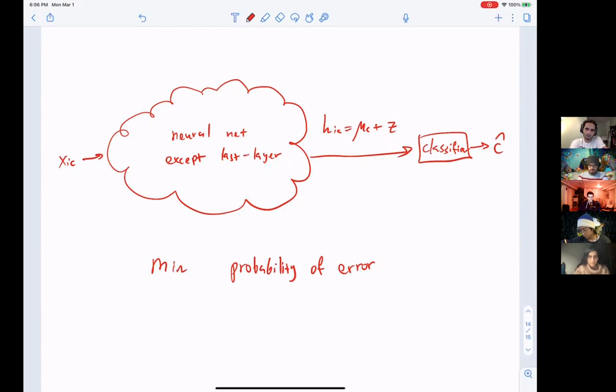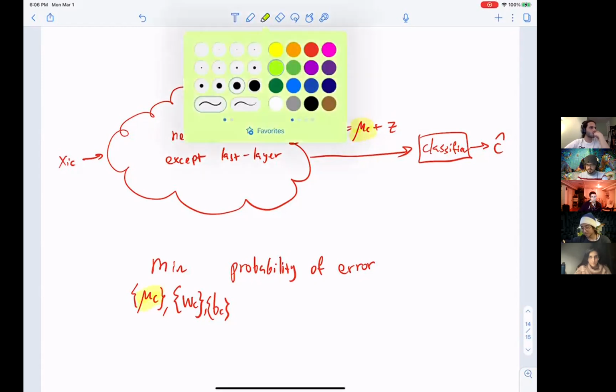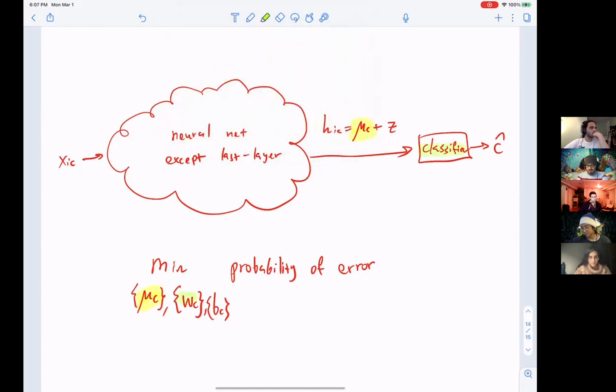You're able to optimize over the class means, the set of classifiers, and also the biases. So the class means are here, right? You can optimize over them. The classifier is here. Does this make sense?